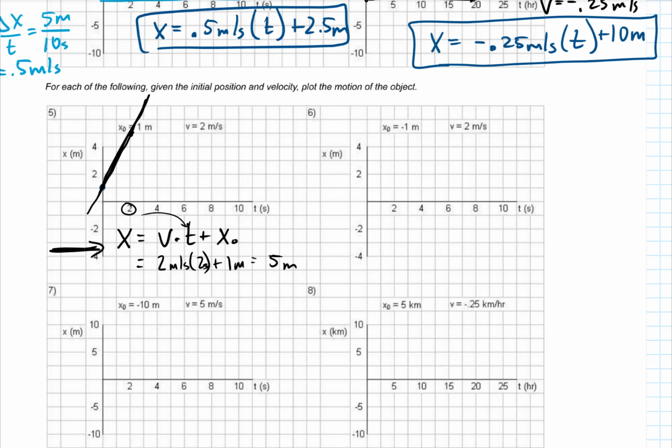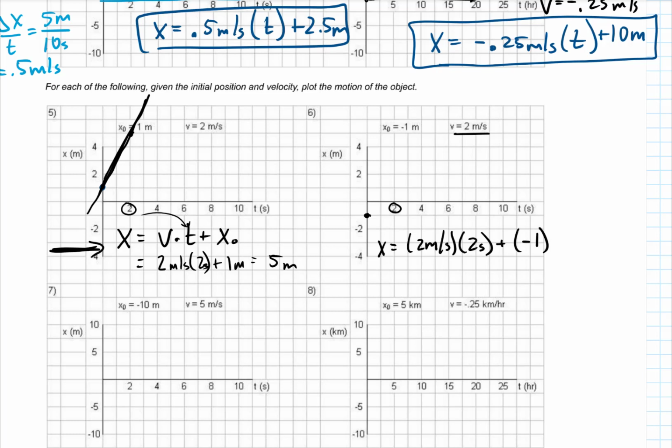So for number 6, my initial position is -1 meter, and my velocity is 2 meters per second. So my final position is going to be 2 meters per second, and for this one, again, I'm going to choose a time of 2 seconds, so times 2 seconds, plus my initial position of -1.